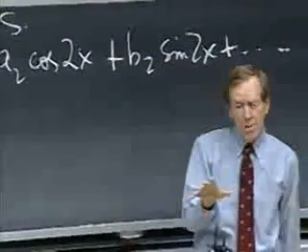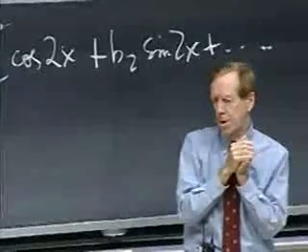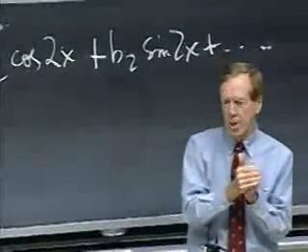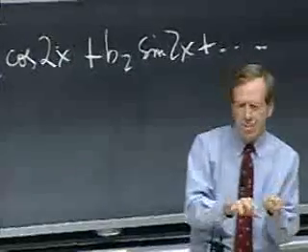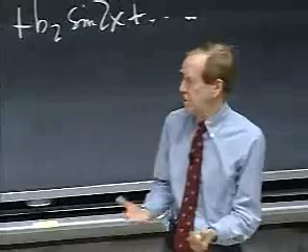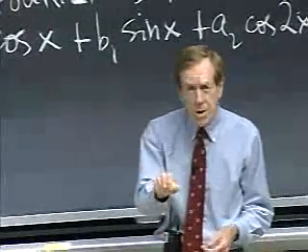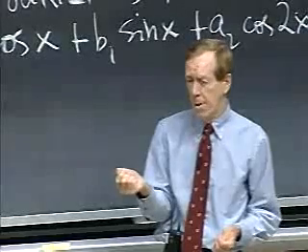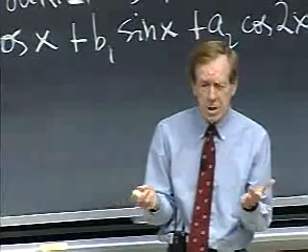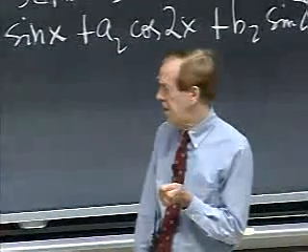I need infinitely many because my space is infinite dimensional. So this is like the moment in which we leave finite dimensional vector spaces and go to infinite dimensional vector spaces. And our basis, so the vectors are now functions. And of course, there are so many functions that we've got an infinite dimensional space.